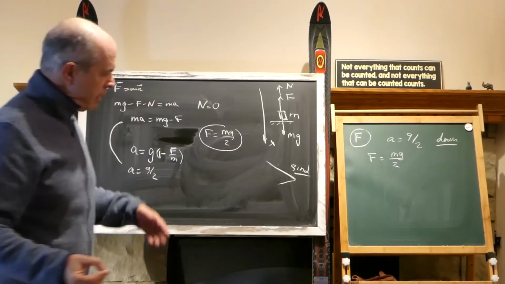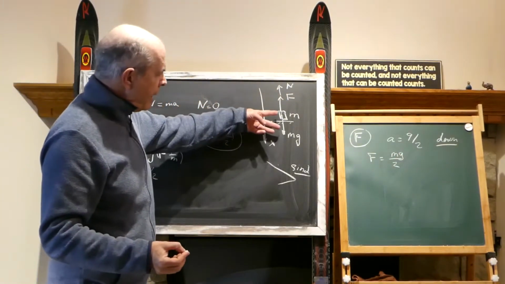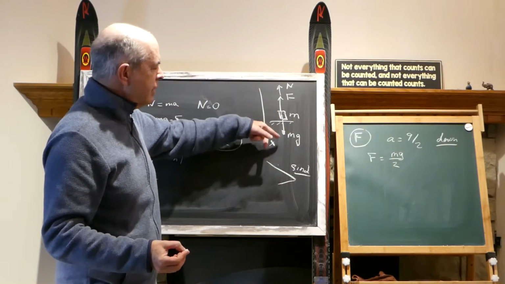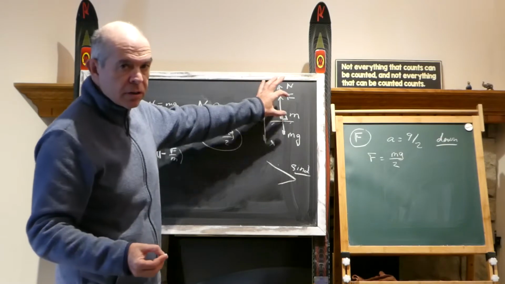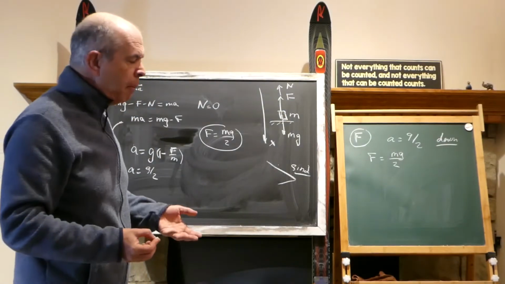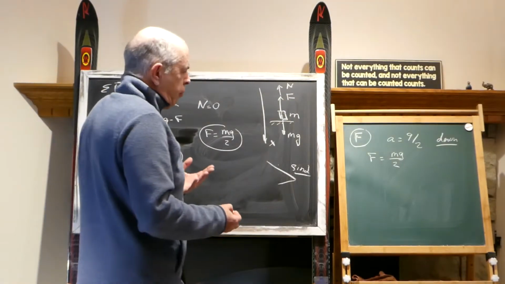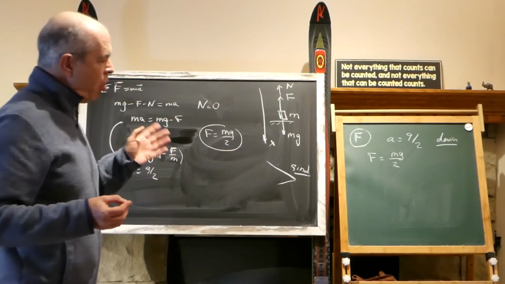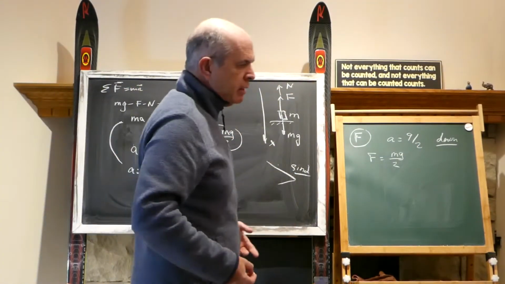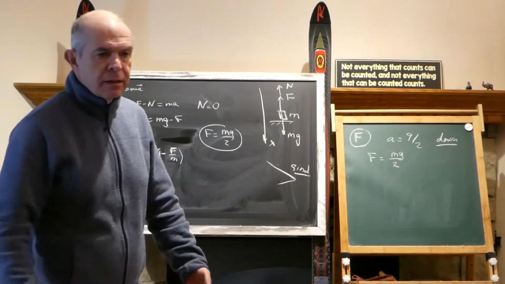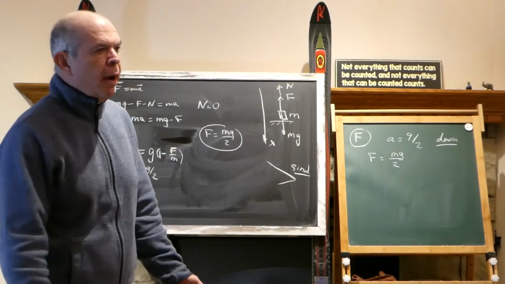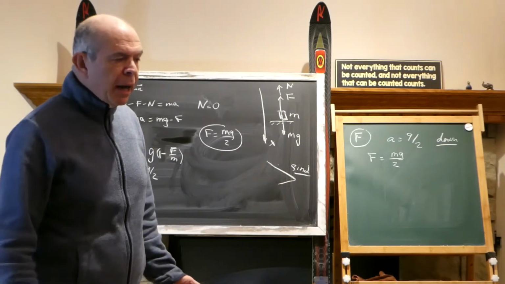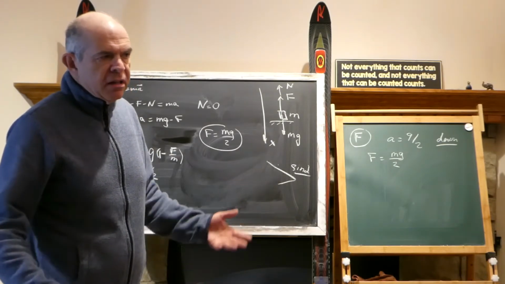Of course, that's very reasonable. I take half the weight, half mg, half the gravity, with my force F that I'm pulling my body up, and of course my acceleration is decreased in half. So if my lower body is 20% of my weight, and I pull it up with half of the weight, it's pretty reasonable.